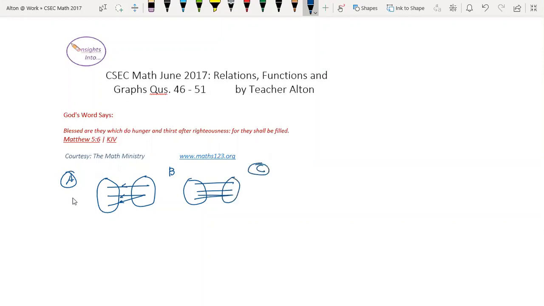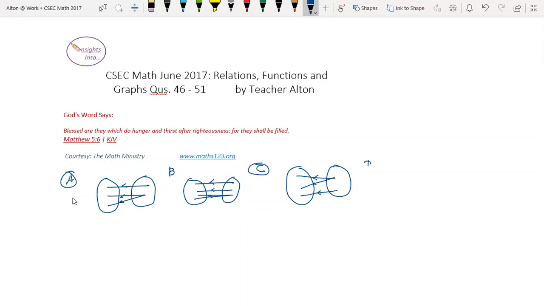Option C, of course, the arrows are going that way. You have the diagram in front of you. Just in case, by chance, you don't, well, that's what the diagram looks like. Option C, right, you got two arrows coming here and one arrow coming this way.